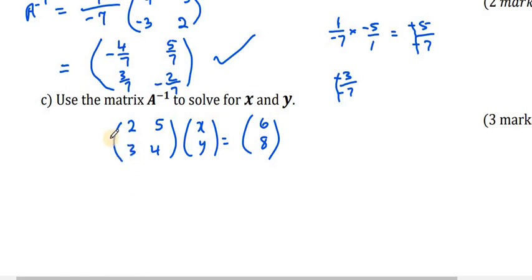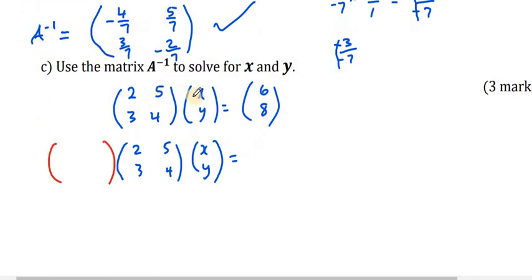All right, now what we're going to do, we're going to multiply both sides by the inverse. Remember, this is A inverse here. So we're going to multiply this side by the inverse. Let's rewrite and write the inverse. Negative 4 over 7, 5 over 7, negative 2 over 7, and 3 over 7. Then we're going to multiply this side as well by the same inverse, A inverse.